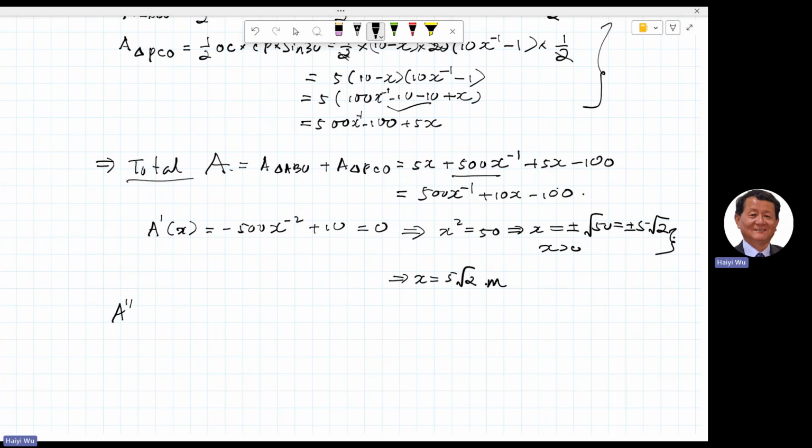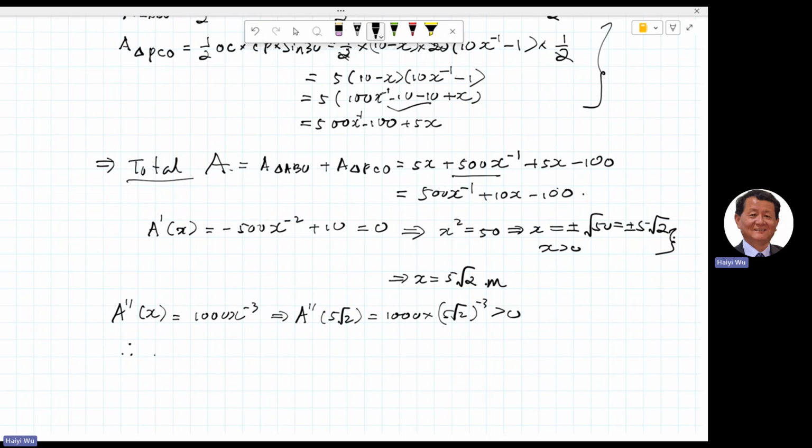The double derivative of f(x) becomes positive 1000x to the power of negative 3. So we substitute that value into the double derivative. It'll be 1000 times 5 root 2 to the power of negative 3, which will be positive.